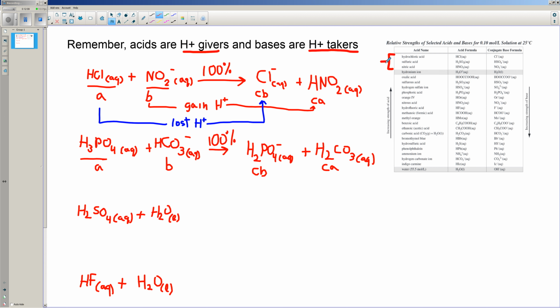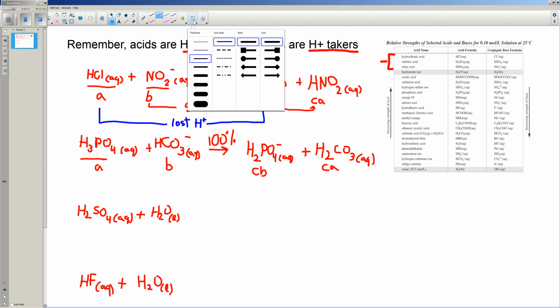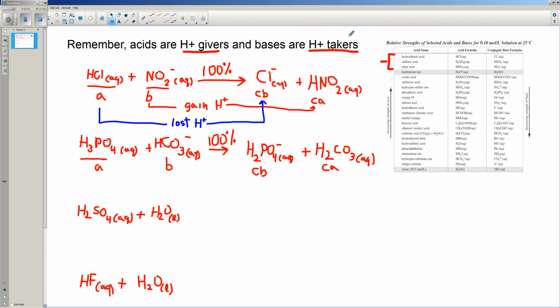These are called strong. And that means that all of these, if they're reacted with water, will 100% react. Kind of like what we've been doing with the last 2 examples, and we had 100% there. This is going to follow the same pattern.